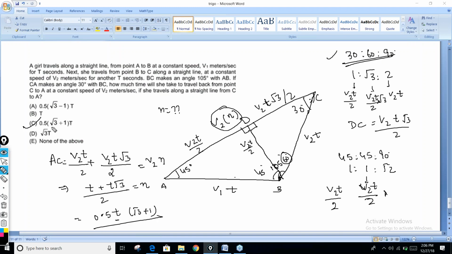That is the side AC that we need to find out. We need to find out time, so we equate side AC with v2n. n comes out to be 0.5 t into root 3 plus 1.